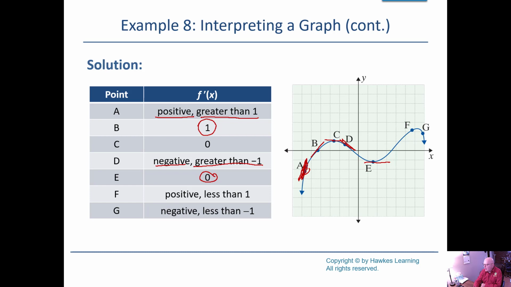Over here at F, it's still going upward, so the slope is positive, but it's a little less steep than 45 degrees. Let's say 30, just for the fun of it. Last of all, at G, it's turned around. We didn't mention the point up here, where the slope is 0. Down here at G, it's going down very steeply. Negative because it's going down, and because it's more than 45 degrees down, the slope would be less than negative 1.